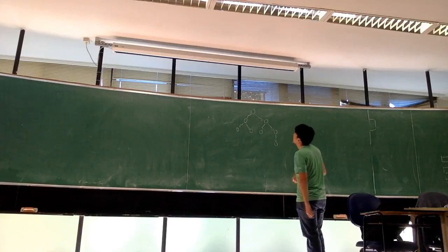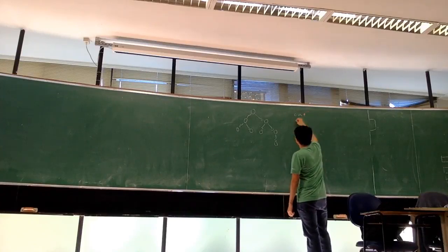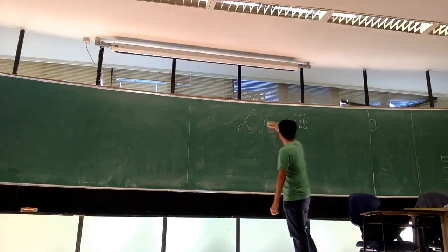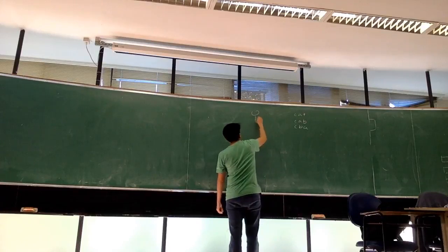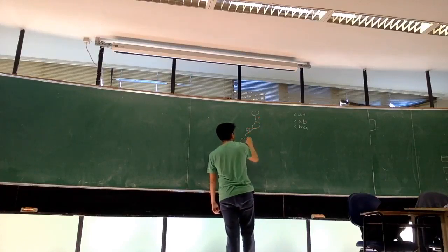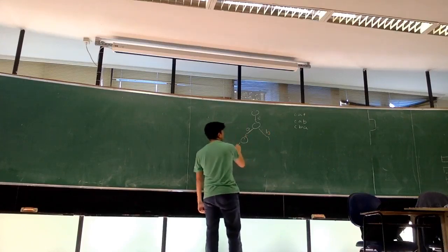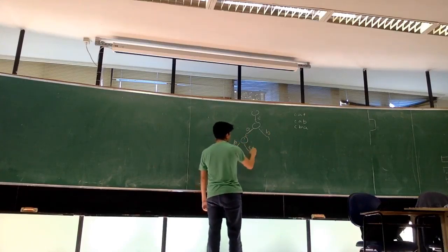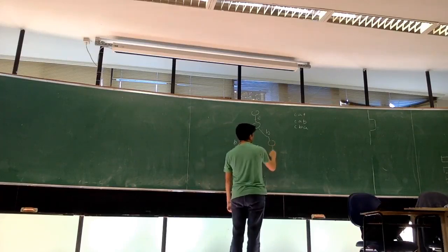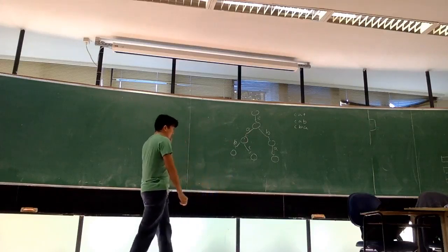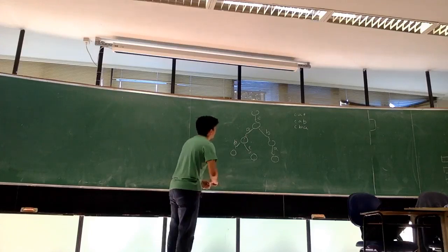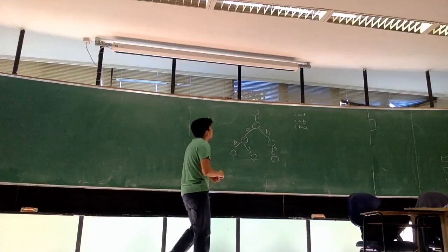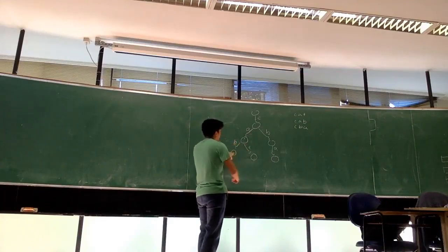I should give a concrete example. C, T, I know that there is a string in my set that ends here, here, and here.